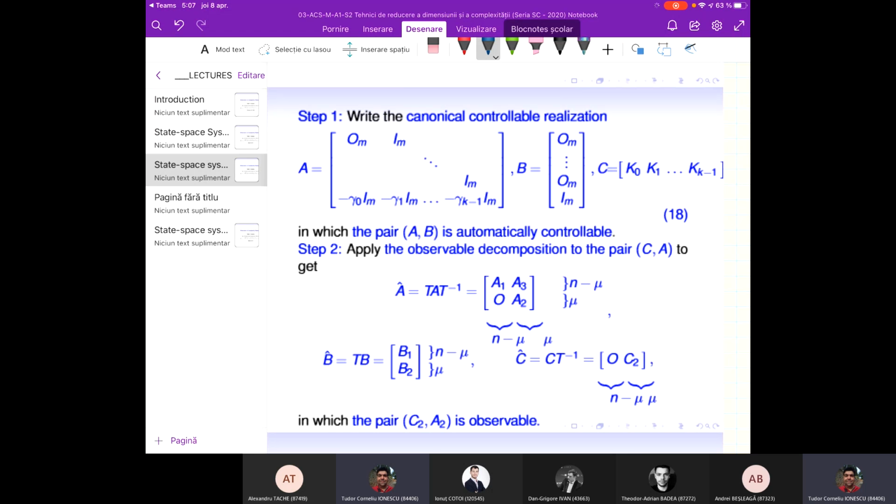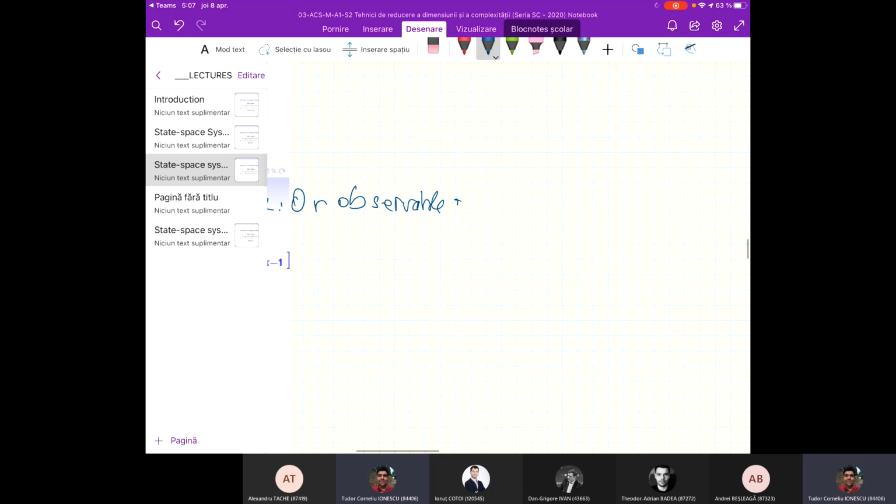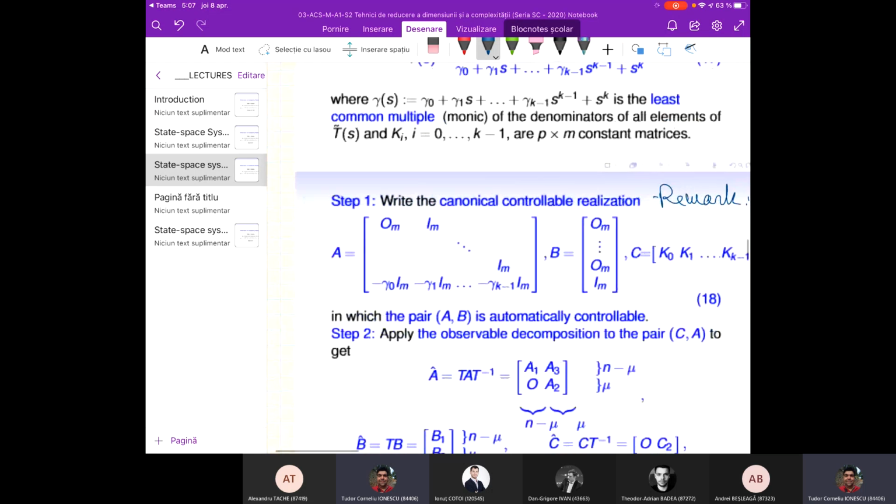I would say here, remark: observable realization if P is smaller than M, and canonical controllable realization if M is smaller than P. Because look, the M and the P come into the dimension, and you don't want to start computing your minimal realization from a larger system, but from a smaller system.